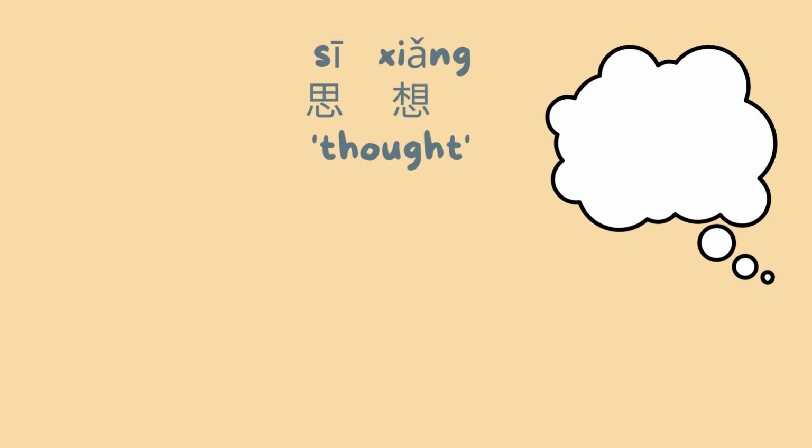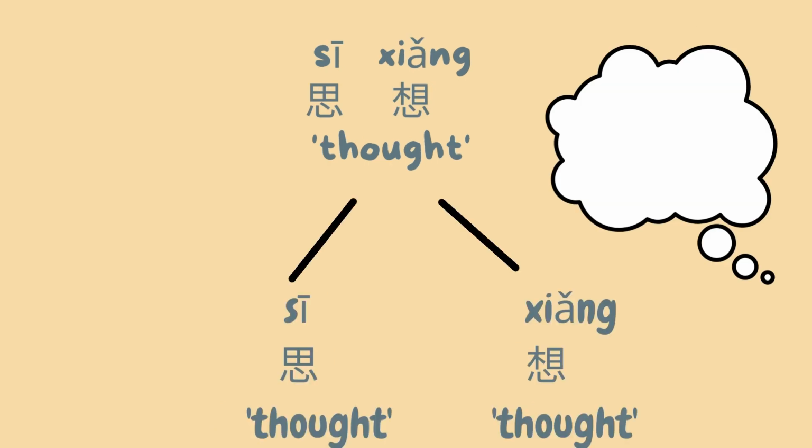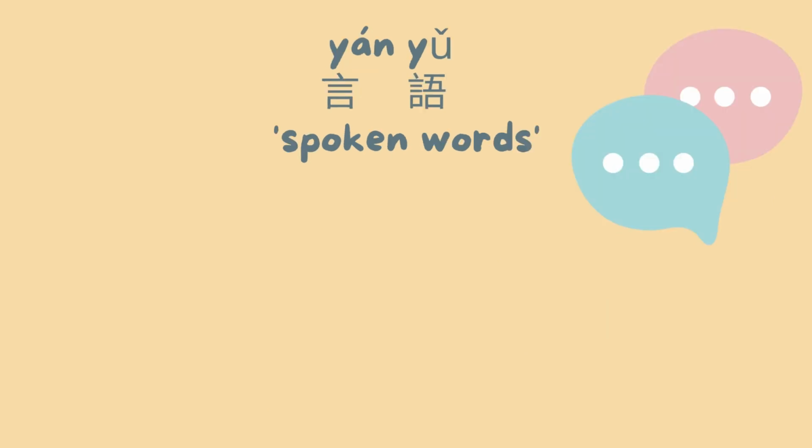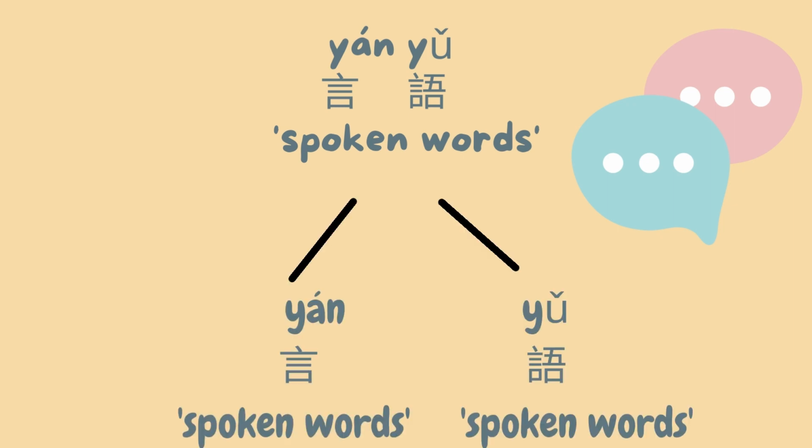The next word is 思想, thought. Both the constituent characters 思, thought, and 想, thought, are synonymous with one another and with the word they form, 思想, thought. Next one, 言语, spoken words.